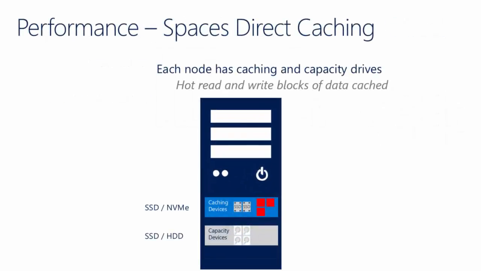Now, as we start drilling in and taking a look, each of the nodes has got caching and capacity drives. So the way to think about this generally, the easy way to begin with, is that the cache drives are, in a lot of cases, going to be SSD or NVMe, and then the capacity drives are going to be SSDs or HDD.